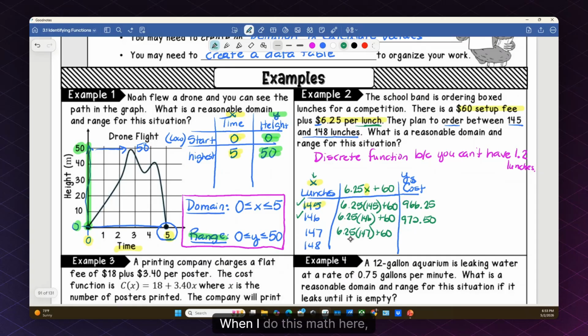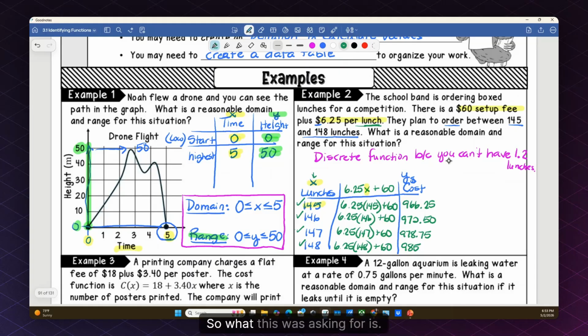When I do this math here, 147 lunches is going to cost me $978.75. And then I can do it for my last one, 148. So I got 6.25 times 148 plus 60, calculating that out is going to give me 985.